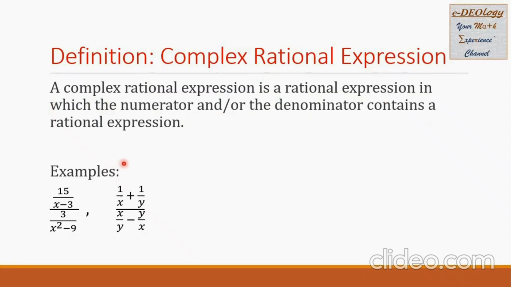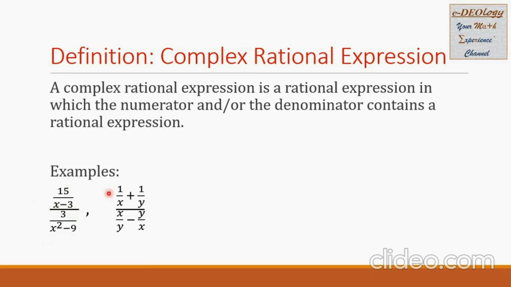Let's have examples. The first example is this. I have a numerator which is a rational expression, and that is 15 over x minus 3, and the denominator is another rational expression, that is 3 over x squared minus 9.